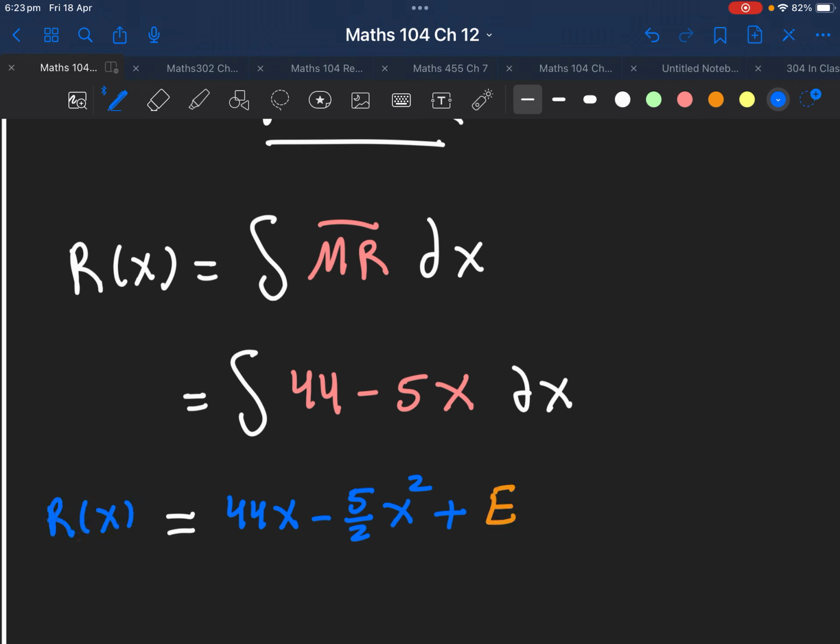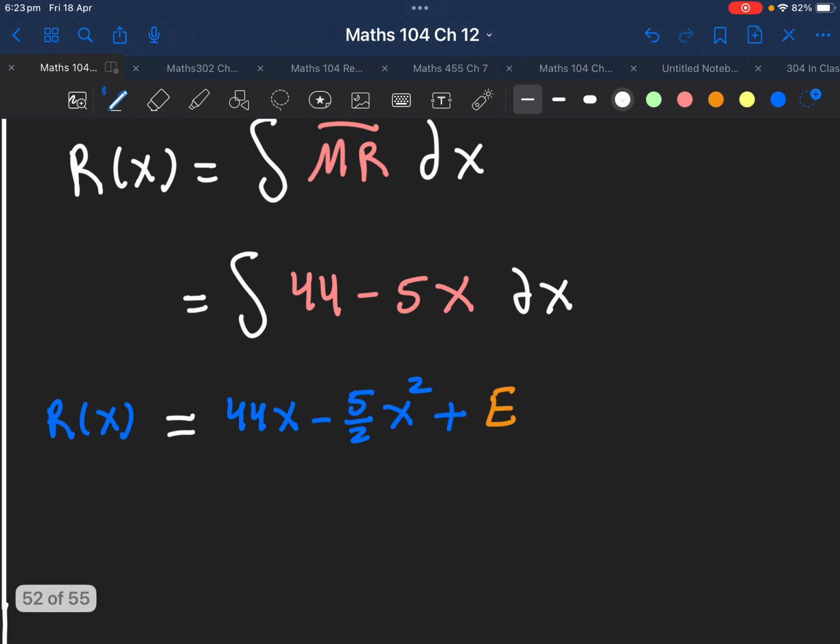Now, remember, if you don't produce anything, which means x equals 0, you should expect no revenue, so the revenue will also be 0. So here, substitute x equals 0. Why do I choose x equals 0?